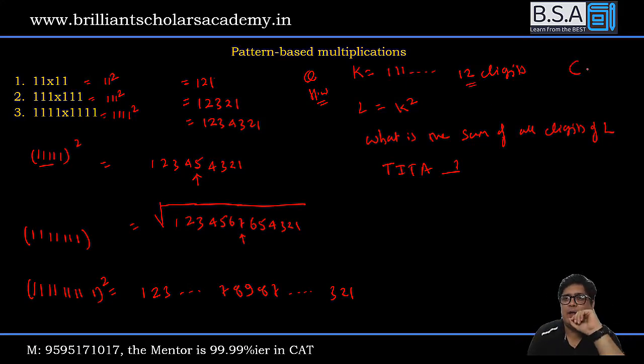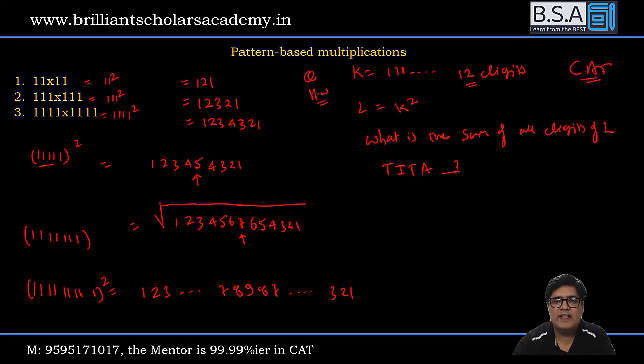This is what CAT people do. They go one step beyond the pattern. I hope everyone has copied down the question. K is equal to 111, 12 digits. L is equal to K square. What is the sum of all digits of L?